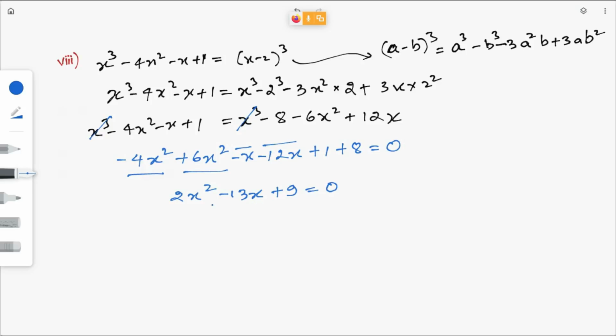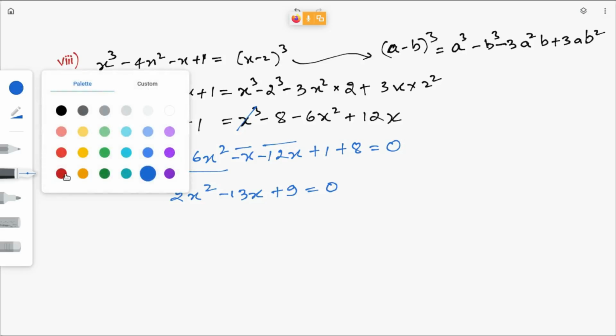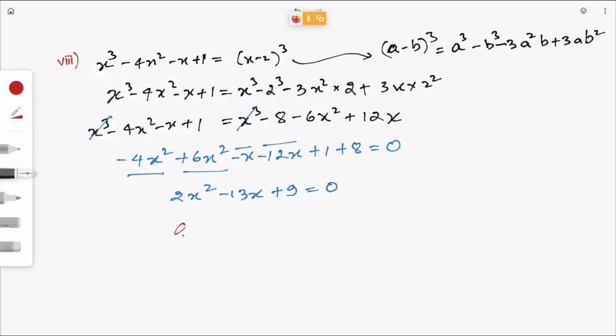Yes. Again it is of the form ax square plus bx plus c is equal to 0, right? So the given equation is a quadratic equation.